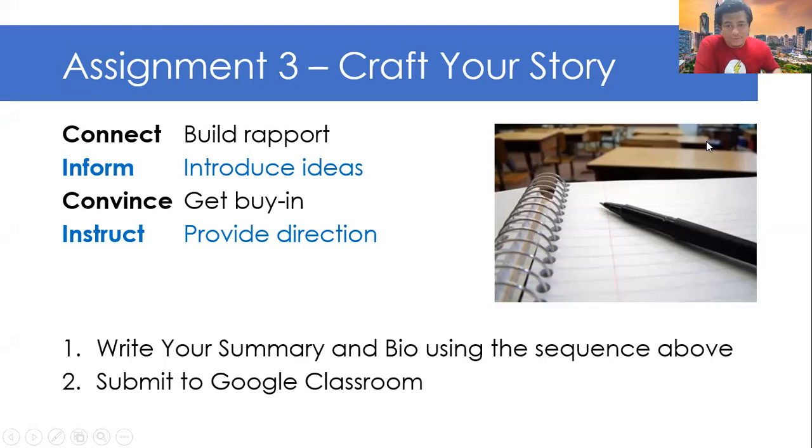But I'm only asking for two things: a Word document only. 100 words for your summary, 300 words for your bio, using the connect, inform, convince, instruct sequence. That's all I'm asking for. Two things. But of course, the assignments get progressively more difficult as the course goes along.